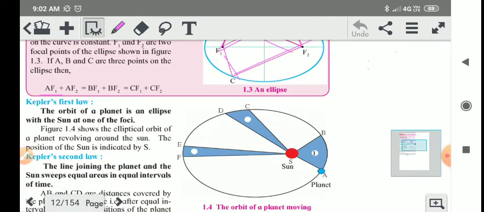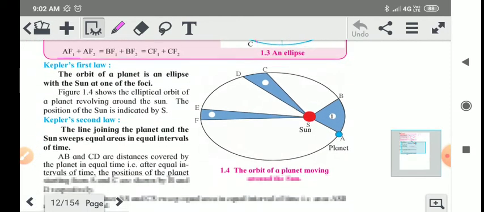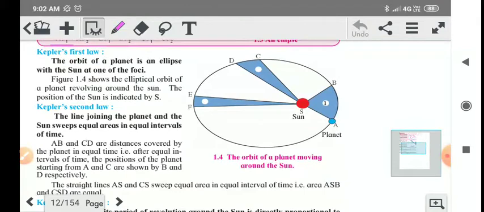Now Kepler's first law: the orbit of a planet is an ellipse with the sun at one of the foci.